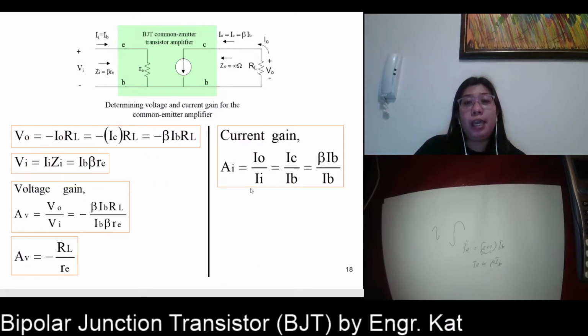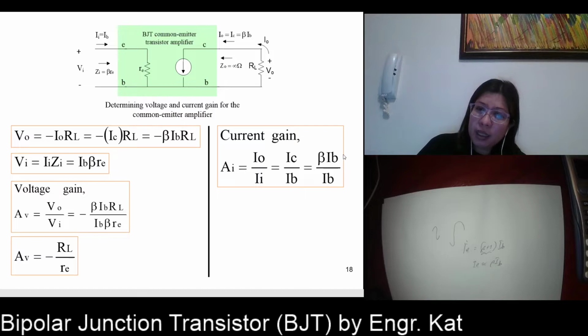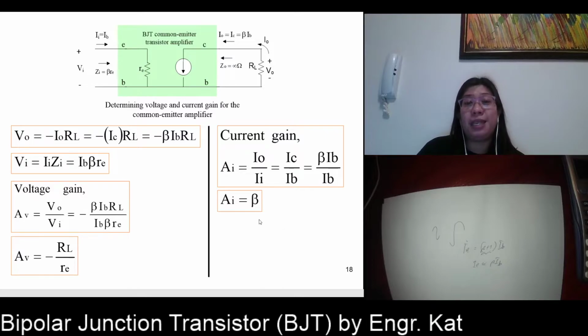For current gain, okay, so that is IO divided by I input. So what is your IO? IO is IC, input is IB. But what is IC? IC is beta IB. Okay, so IB will be cancelled out. So our current gain rather is beta. So it is positive. Why? Because it has the same direction as your IC.